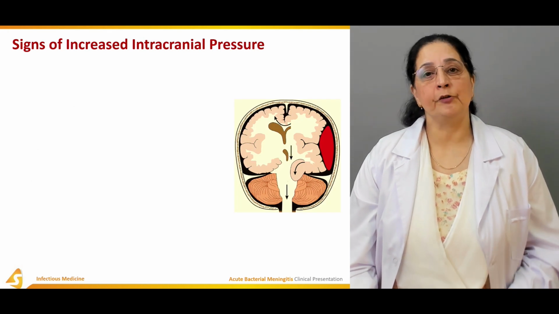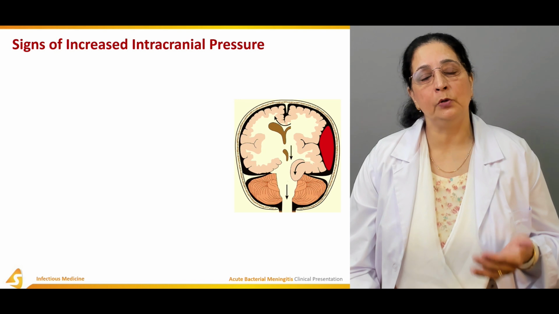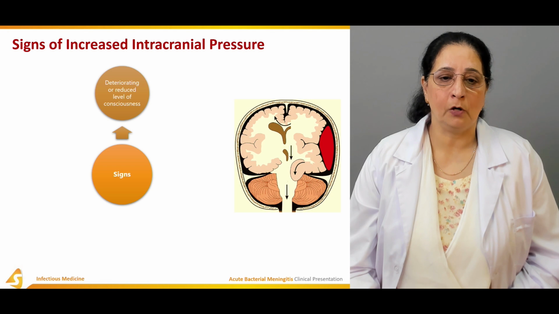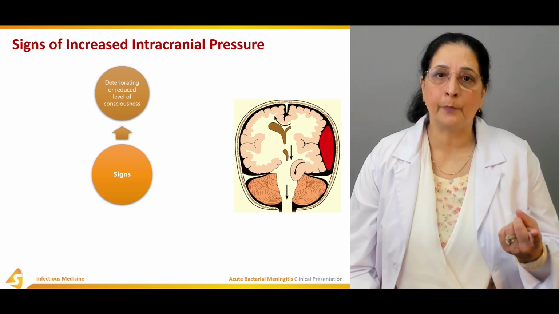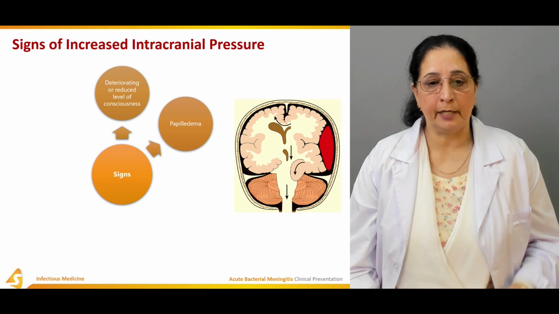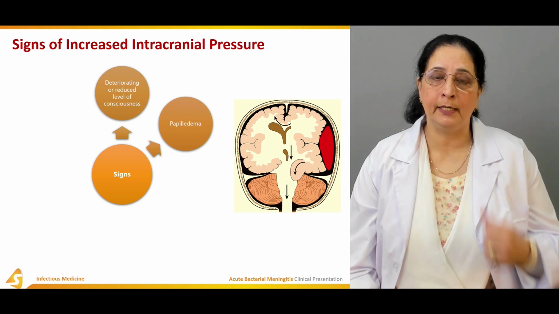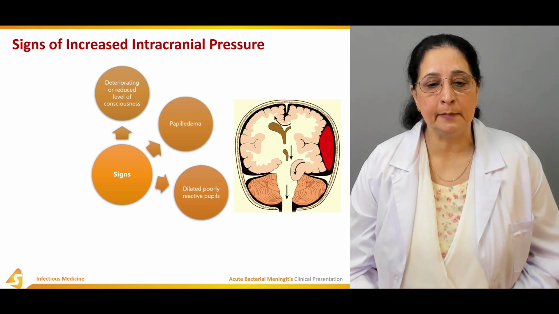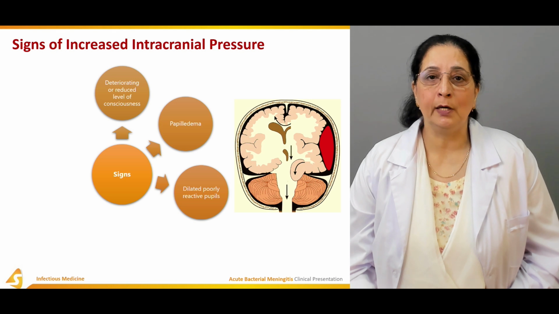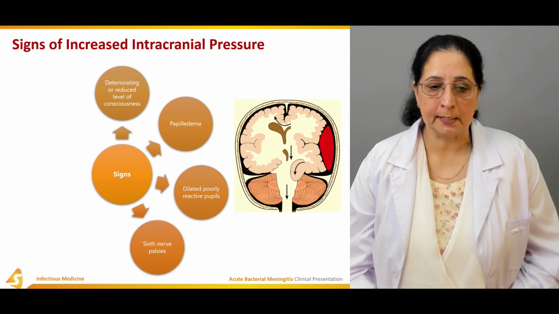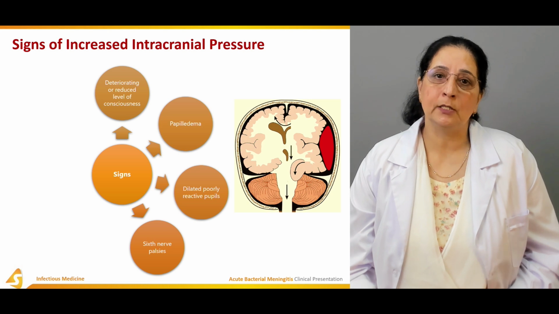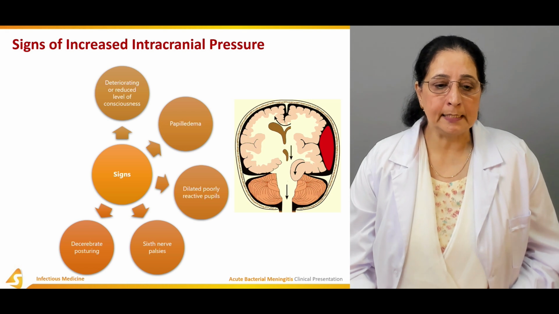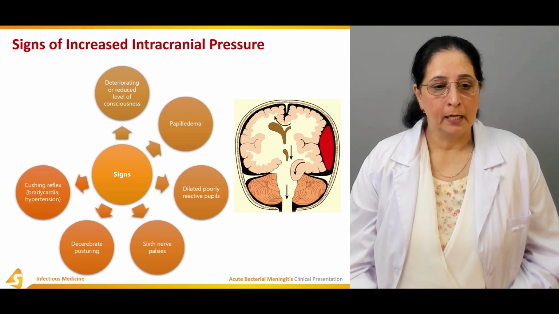Next, signs of increased intracranial pressure. How will we know that the pressure is increased? We have disorientation or reduced level of consciousness, obtundation, which I already mentioned. Then we have papilledema, swelling of the optic disc. When ophthalmoscopy is performed, there is papilledema. Dilated, poorly reactive pupils. Sixth nerve palsy is also a result of increased intracranial pressure. Decerebrate posturing.